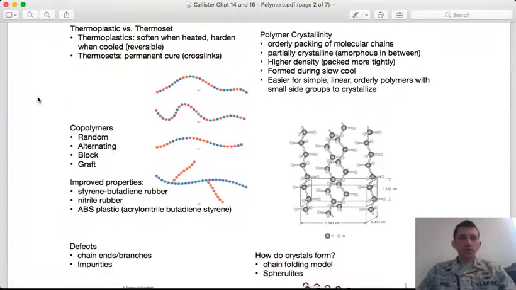Okay, so in addition to the structure of an individual monomer and how the side groups are arranged, we talked about stereoisomers on the previous page, you also have different ways of arranging the particular monomers. Now, if you only have one kind of monomer, there's really nothing you can do.